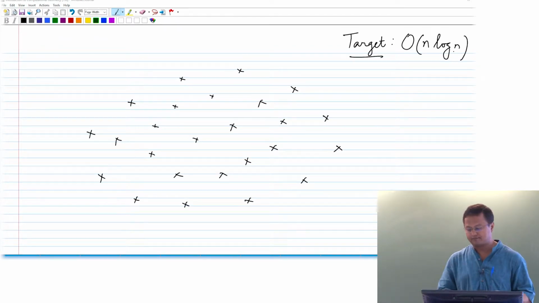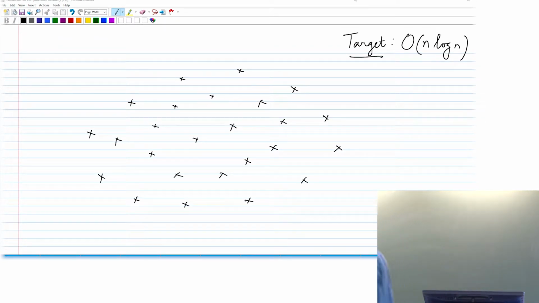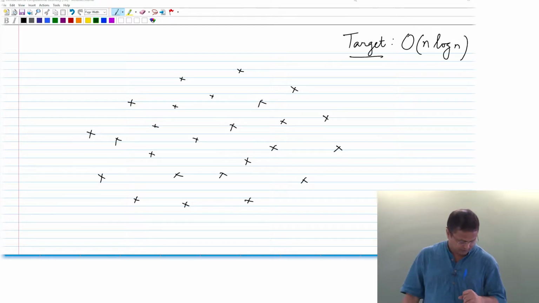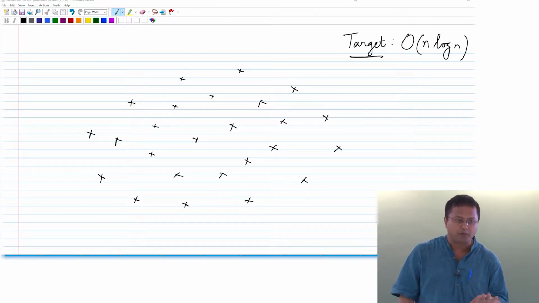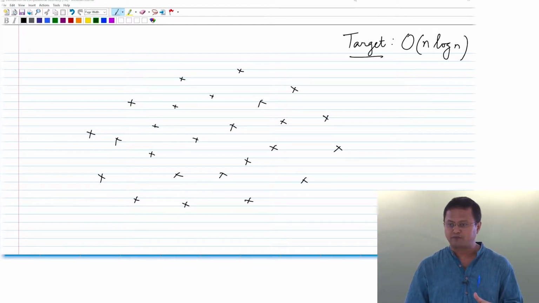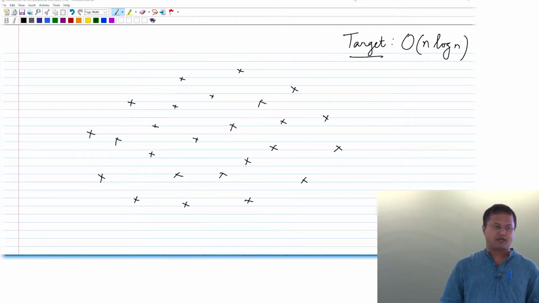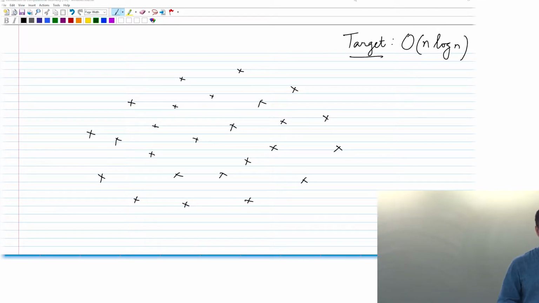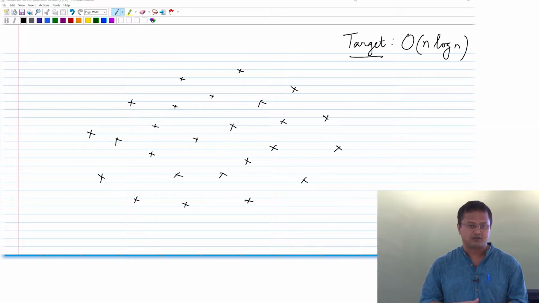Now, how many of you are comfortable with lower bounds of problems? You know that sorting has a lower bound of omega n log n. So, any comparison based sort has to do at least n log n comparisons.